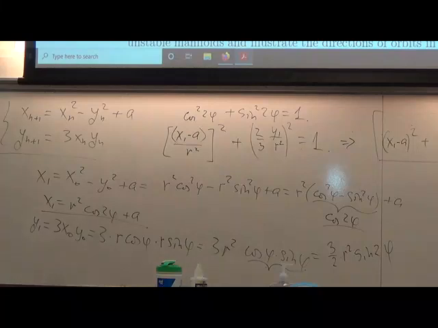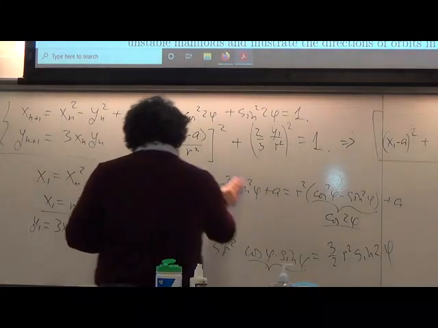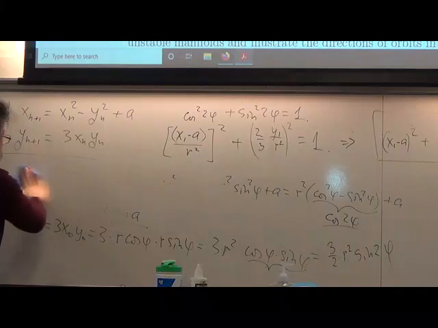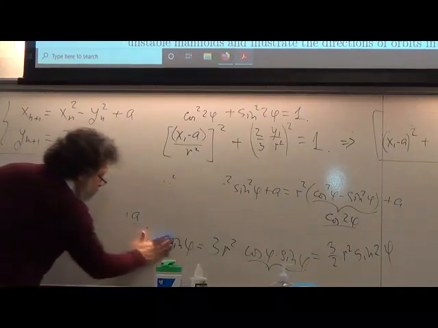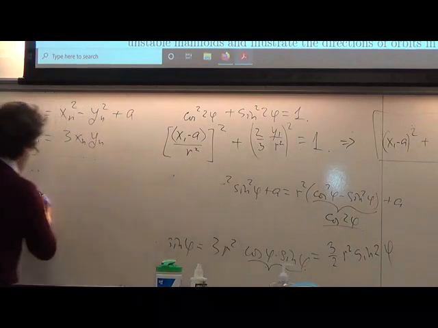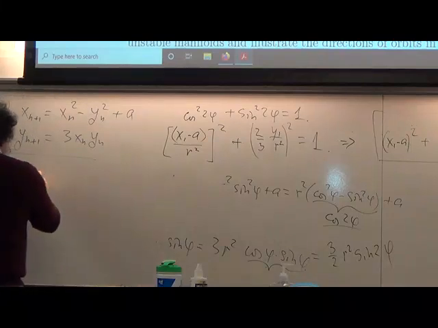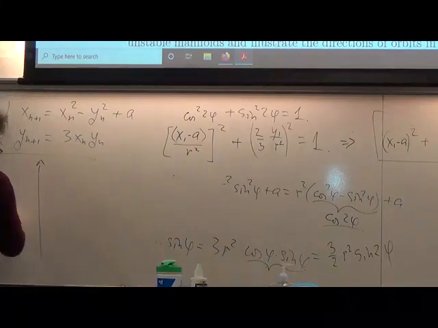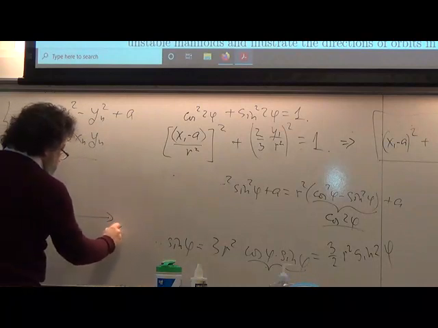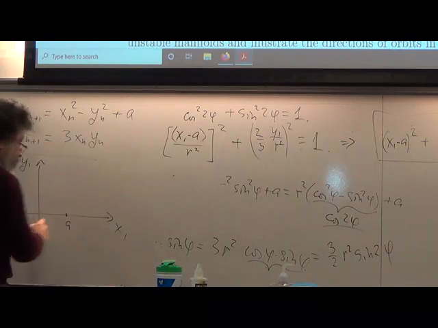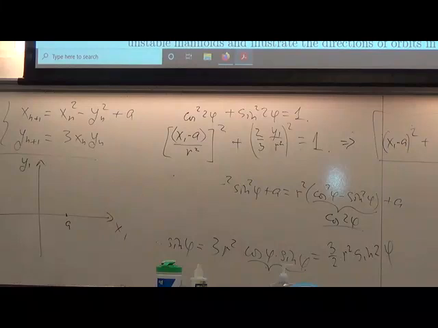Now we can try to plot it. So how to plot it? Let's say this is x1. The center of the ellipse is at point b, 0.